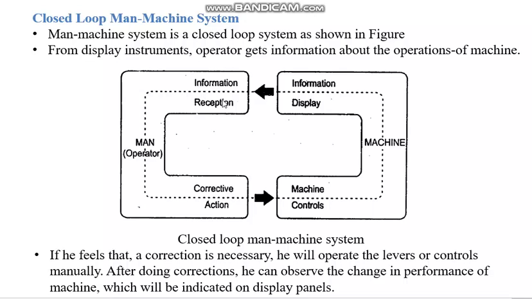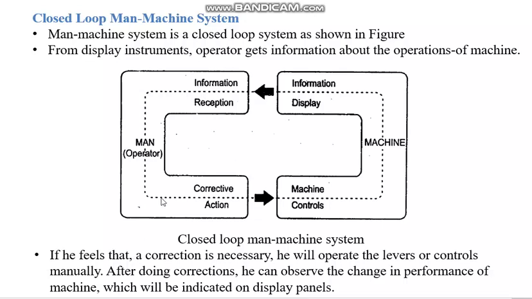Sometimes by the sound also he is able to tell, or just by his experience. Sometimes by temperature he can sense with a touch of the hand. And then he will take some corrective action. So like this is the loop.